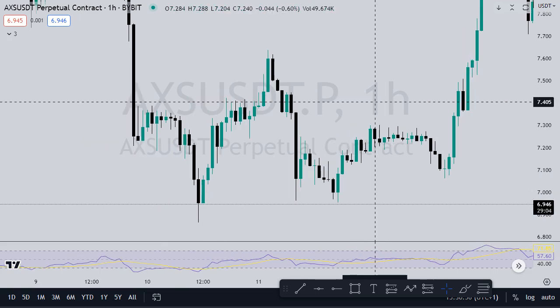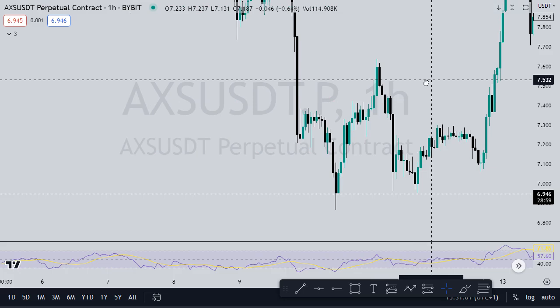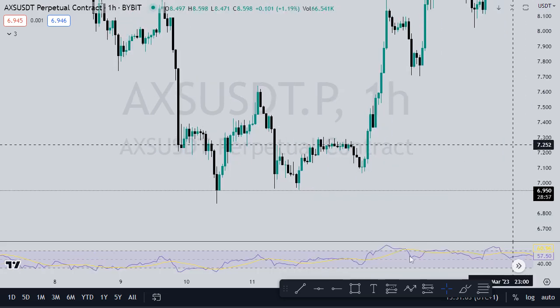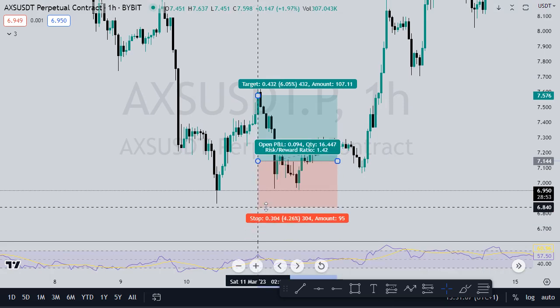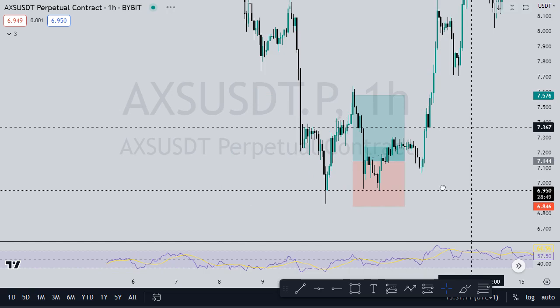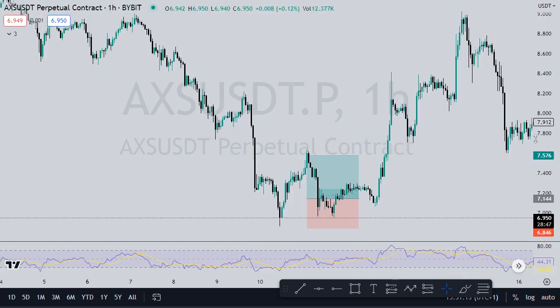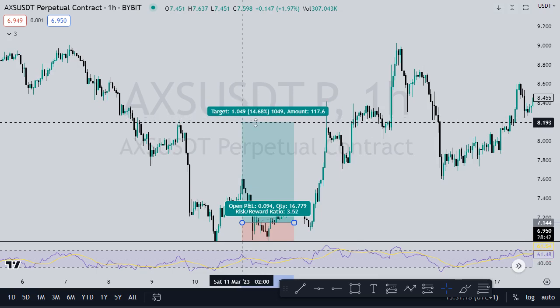So imagine we traded this Harami pattern right here. Maybe we took our trade off here and placed our stop loss here. You would have easily targeted this swing high, and this would have been a wonderful trade to make.